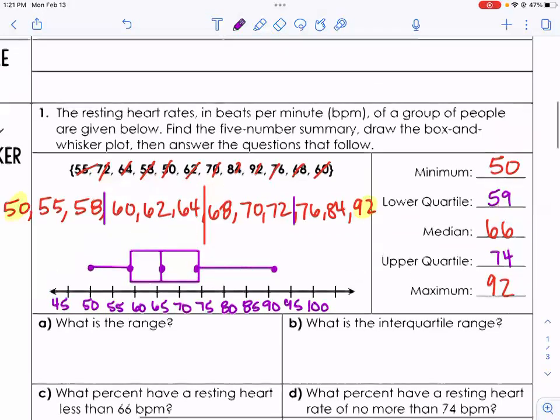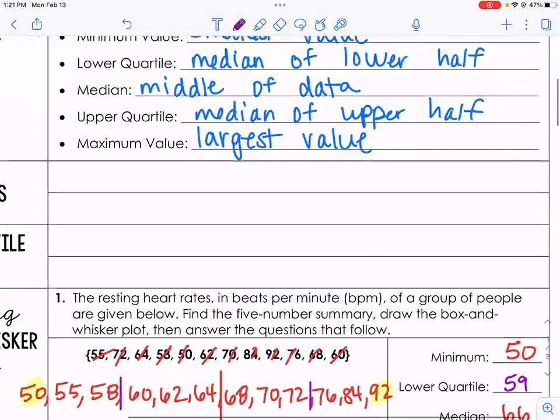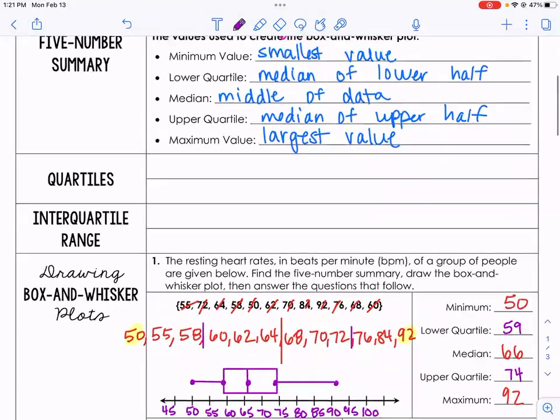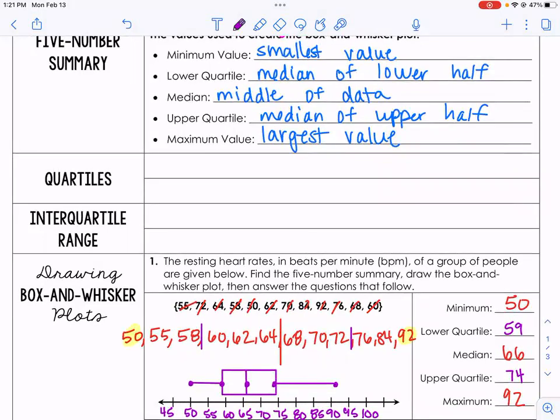Okay, so let's come up here and let's talk about our quartiles. We have 4 sections of data, where each section has 25% of the data. Okay.